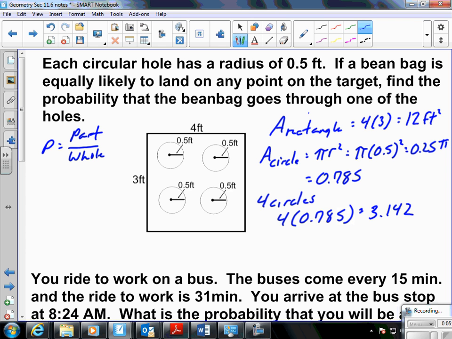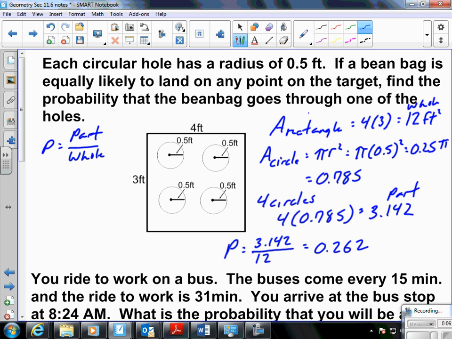So this is our part, and the rectangle is our whole. So our probability is going to be 3.142 over 12, and 3.14 divided by 12 is going to be 0.262.